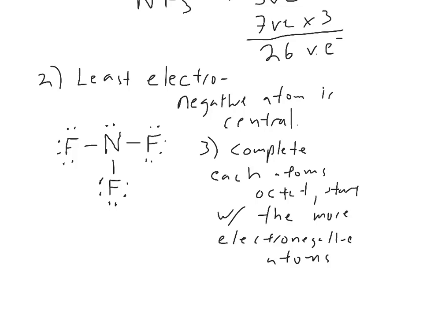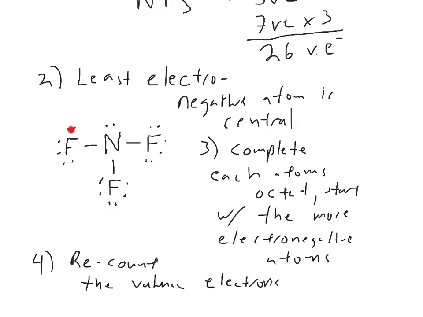Step 4. Recount the valence electrons. There has to be 26 valence electrons in this structure.